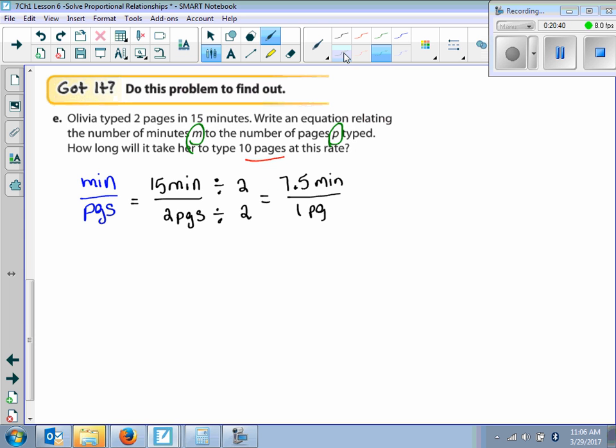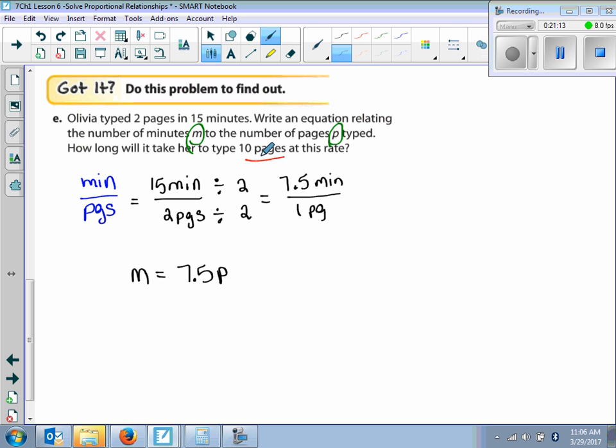Now, we want to write the equation for the number of pages and the number of minutes. Okay? So the equation that we're going to write is how many minutes is going to be 7.5 times the number of pages. Right? So there's how we write our equation. So 7.5 times the number of pages is going to be how long it takes her to type it. Does that make sense?